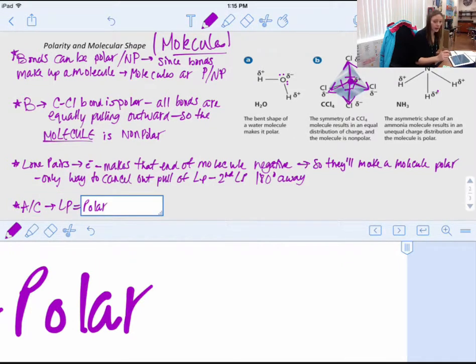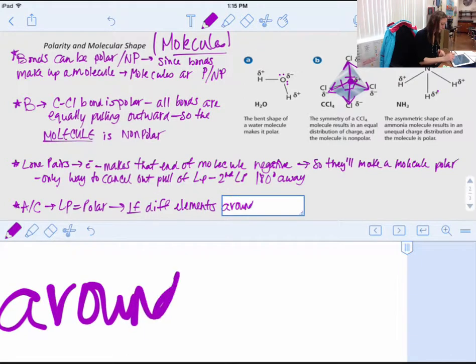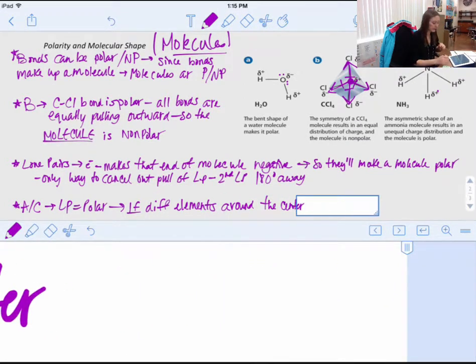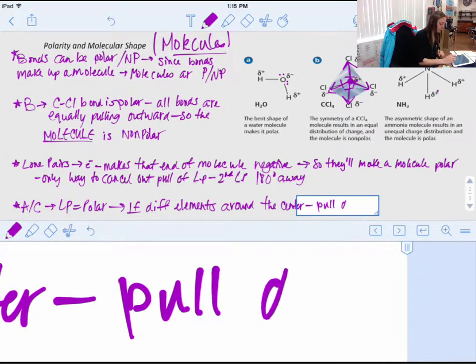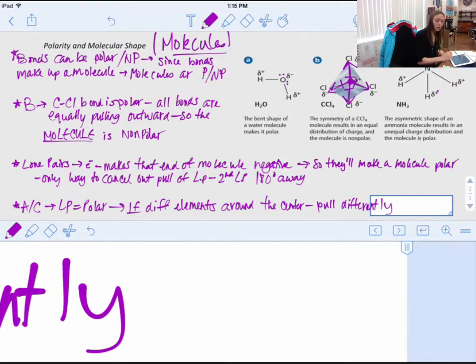I will also add, though, another way you can be polar is if you would have different elements around the center. And why that makes a difference is because if you have a different element around the center, it's going to pull differently. If they pull differently, that makes it polar because it's going to make that side positive or that side negative.